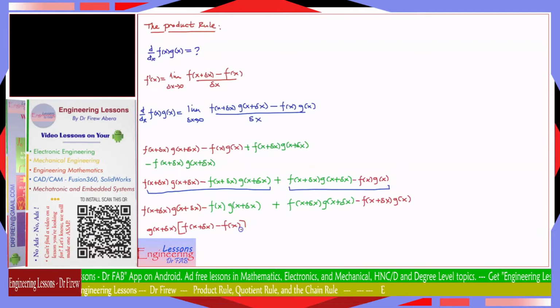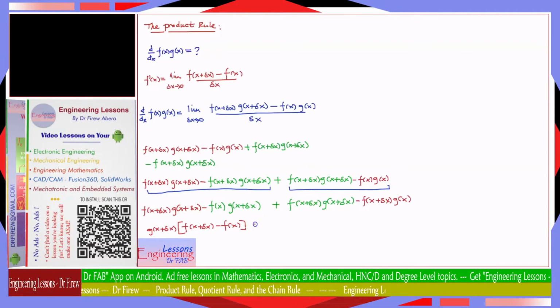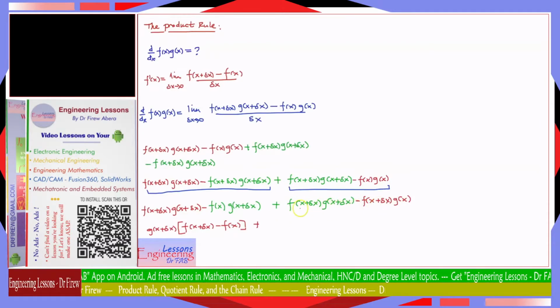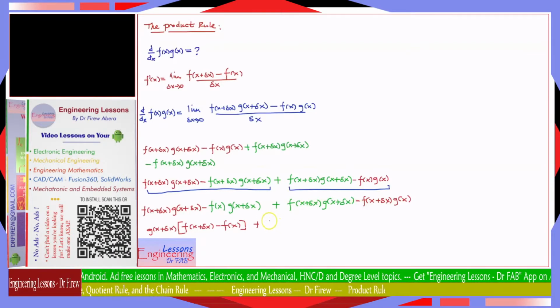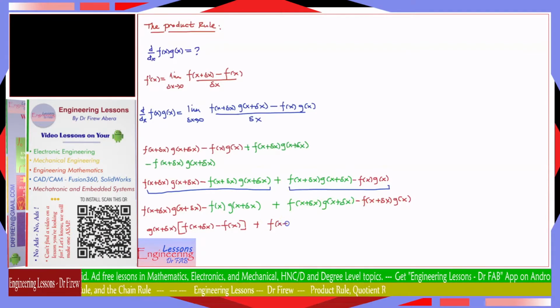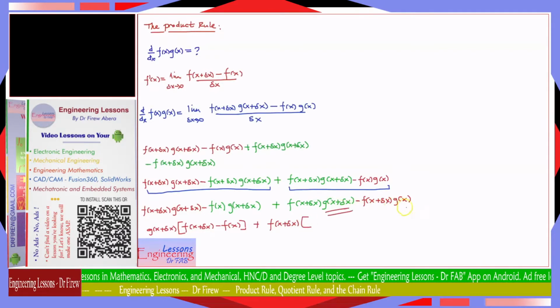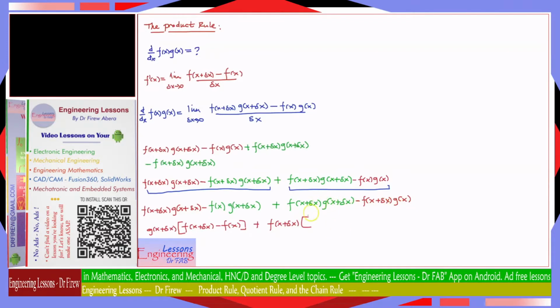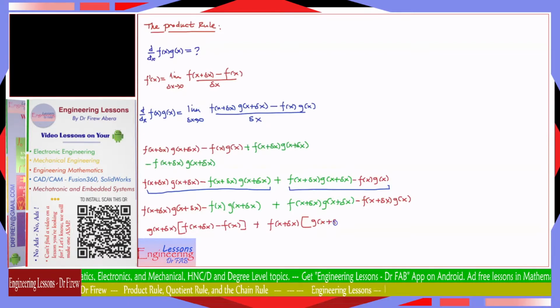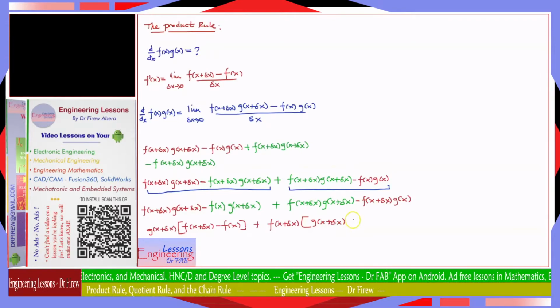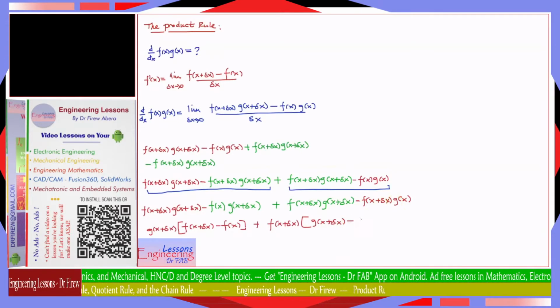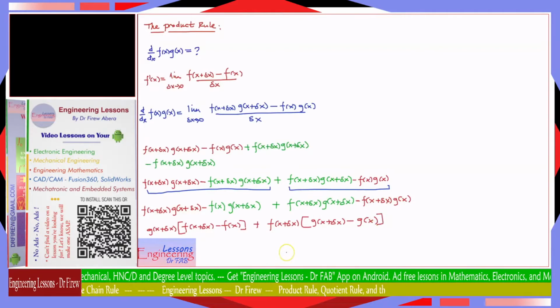And from this side, plus f of x plus sigma x will be the common factor. So I will take that out, f of x plus sigma x, and those two will remain: g of x plus sigma x minus g of x.